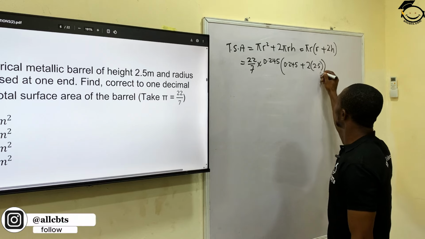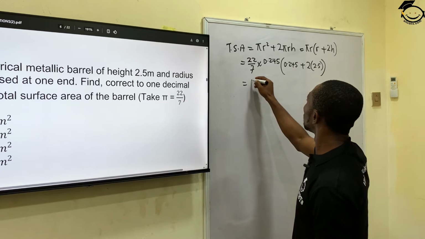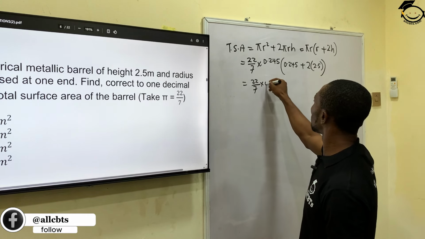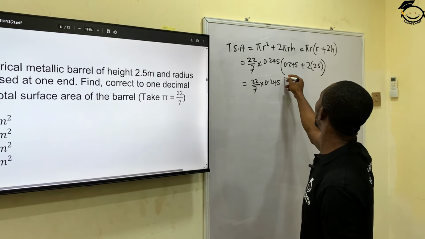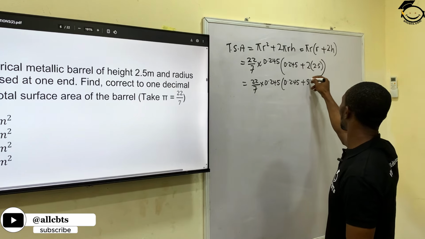Now, if we do this, 2.5 times 2 will give us 22 over 7 times 0.245 bracket 0.245, which is the radius, plus 5.